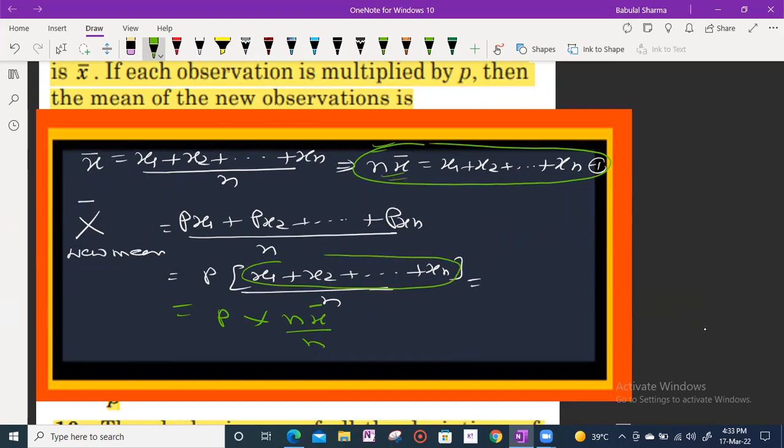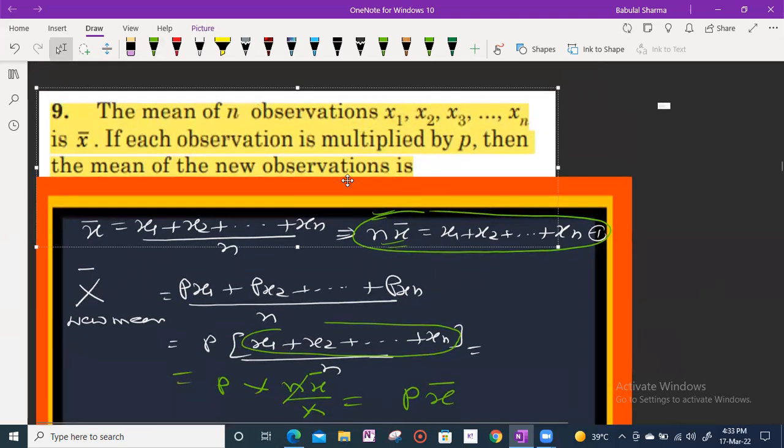So in place of x1 plus x2 plus dot dot dot plus xn, we can write n x bar. So now this n and n cancel. So this can be given by p x bar. So we can say that if each observation is multiplied by p, then the new mean will be p times the old mean. So the new mean will be p x bar.